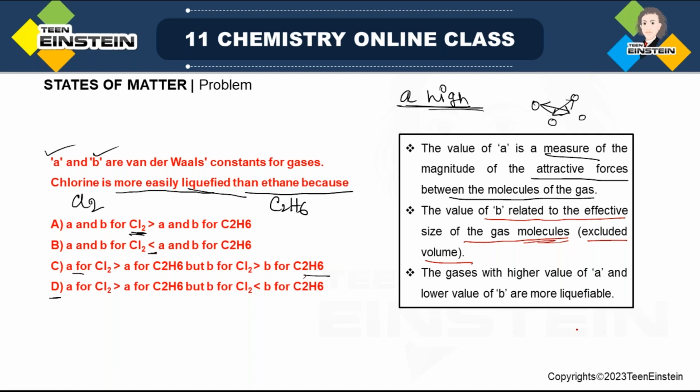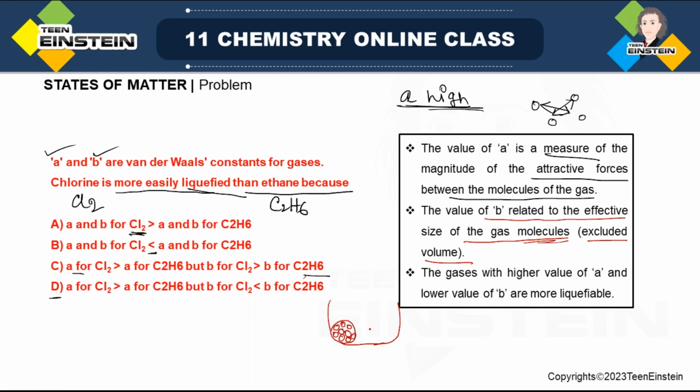So that is the reason when gases have a very high B value, that means compared to the total volume of the container, suppose the volume occupied by all the gas particles, I am not trying to say that all the gas particles are accumulated at a particular corner. No, I am not trying to say that.